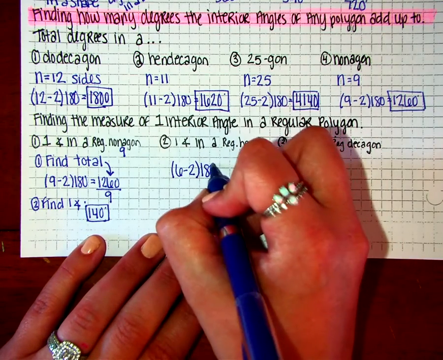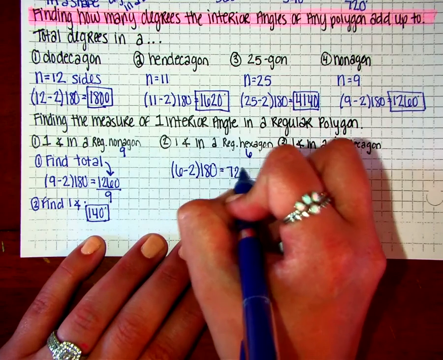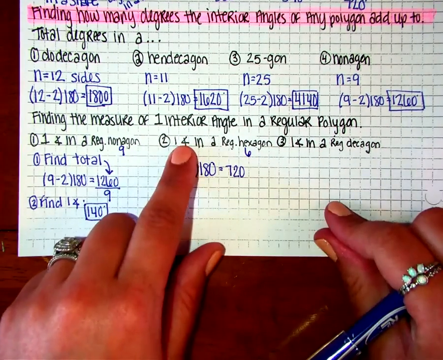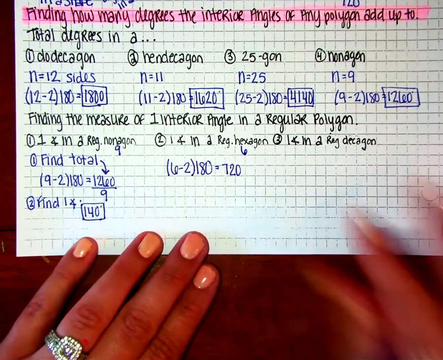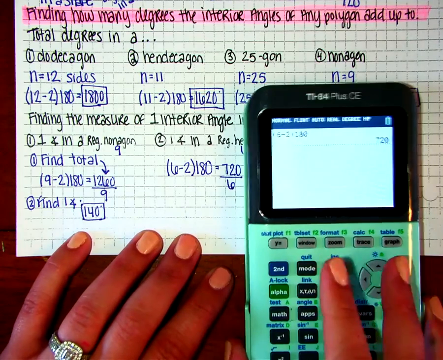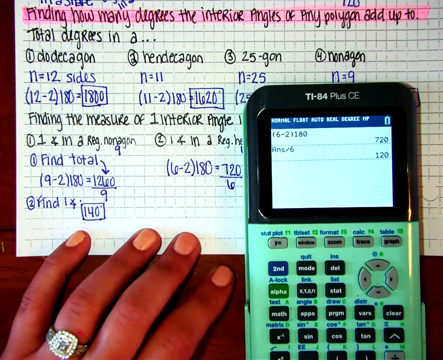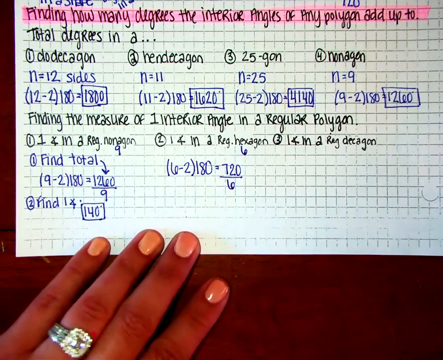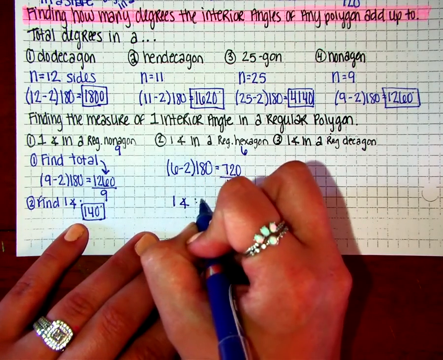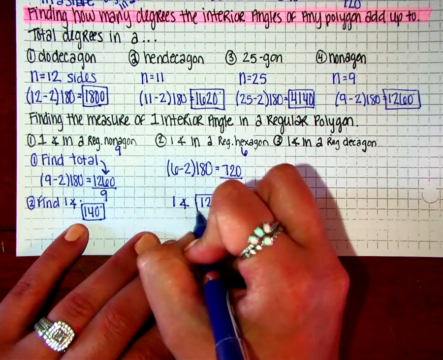So all of my angles in my hexagon add up to 720. I only want to know one of those angle measures, so I need to break my 720 into 6 equal pieces. 720 divided by 6 is 120. Now you might get decimals in here, so it's okay, round to the nearest tenth. So one angle is going to be 120 degrees.